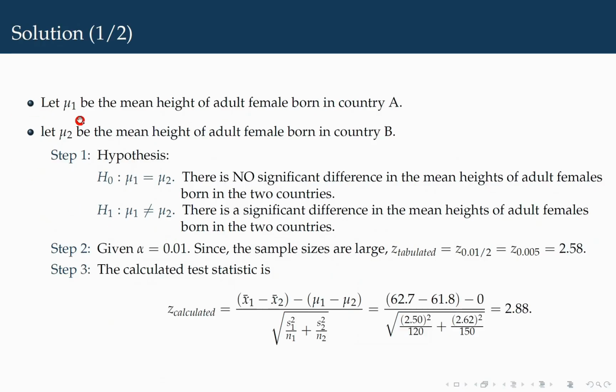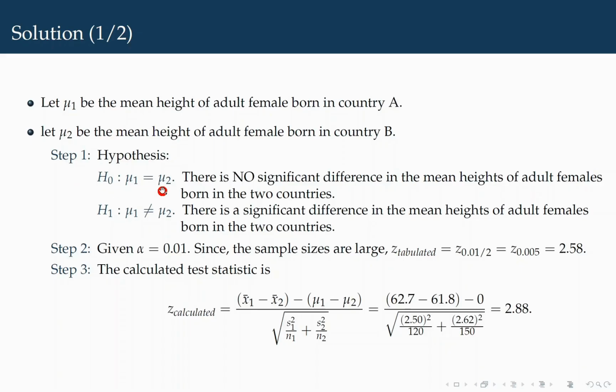So let mu1 be the mean height of adult females born in country A, and let mu2 be the mean height of adult females born in country B. So the null hypothesis is mu1 equals mu2.